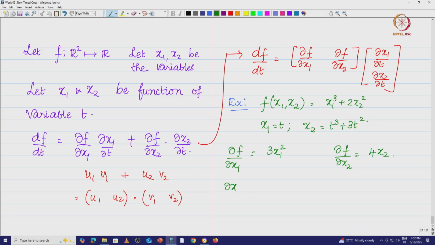And dou x1 by dou t is 1, dou x2 by dou t is basically 3t square plus 60.